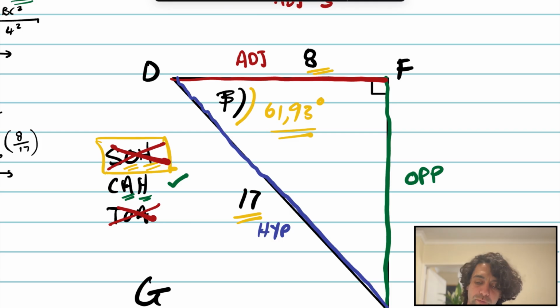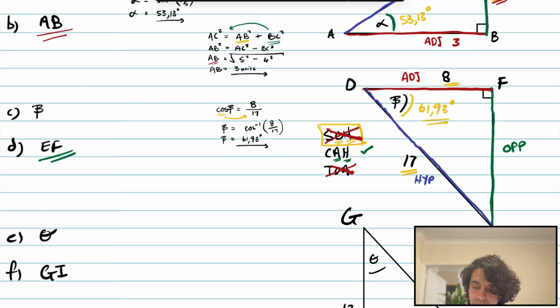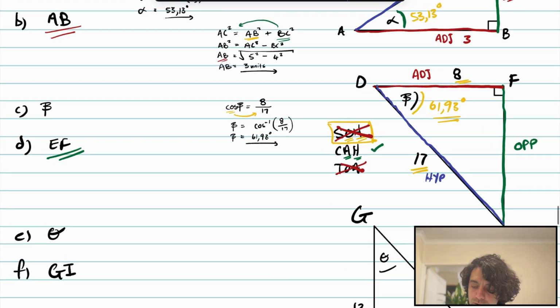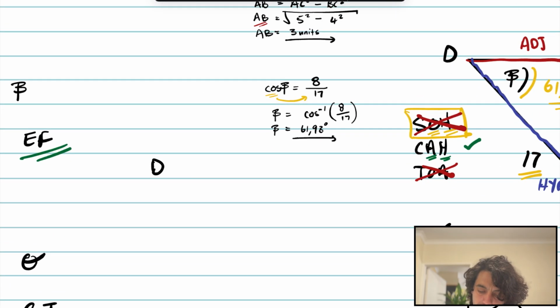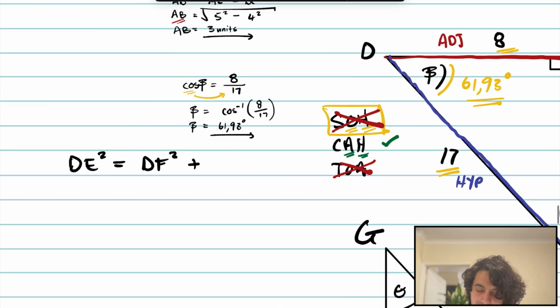Yes, you can use the angle beta, the opposite, with either the adjacent or the hypotenuse, and you can use trig to solve the side, as we have done before, but I'm going to opt for Pythagoras in this case. So my hypotenuse being DE squared is equal to the sum of the other 2 sides, that is DF squared plus EF squared.